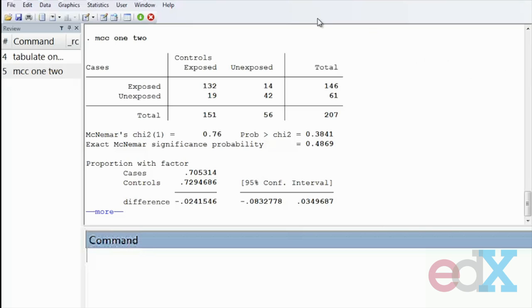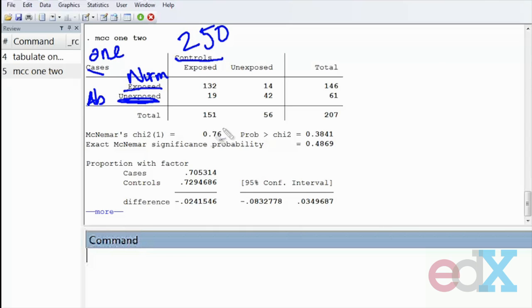Let's ignore that because we don't have cases and controls. These controls are really the 250 microgram test, and these cases are really the results of the 1 microgram test. Exposed here corresponds to normal, and unexposed obviously corresponds to abnormal.